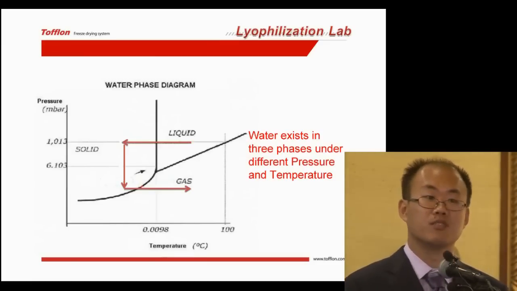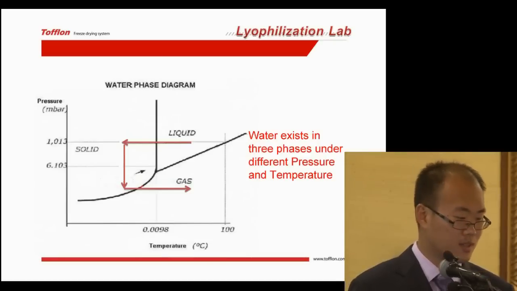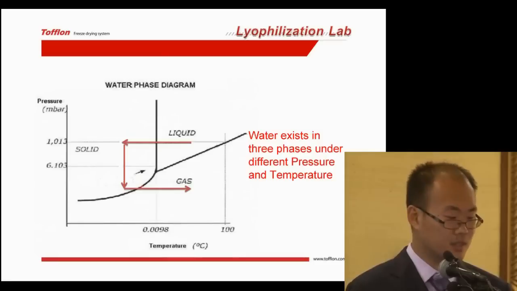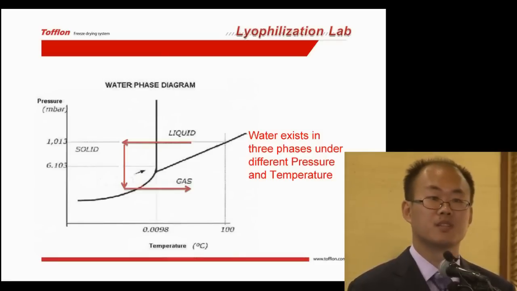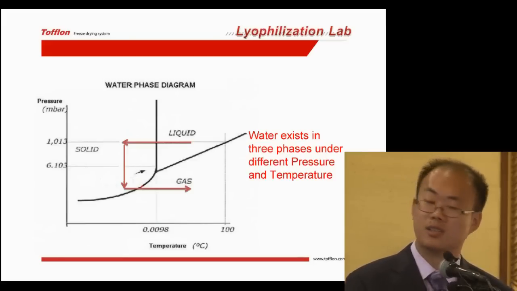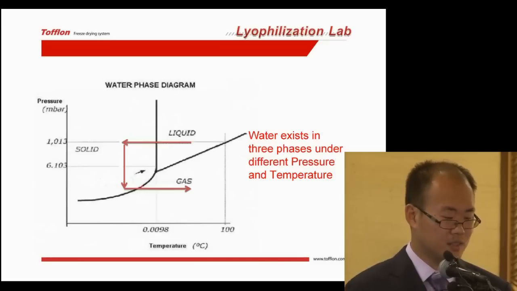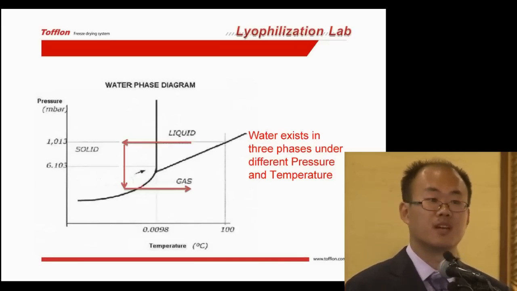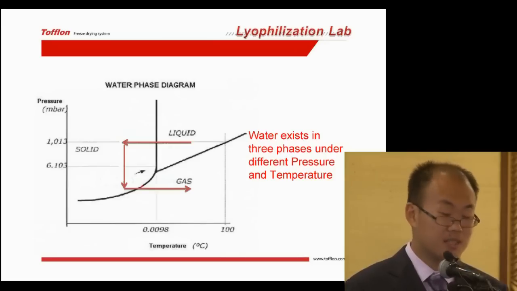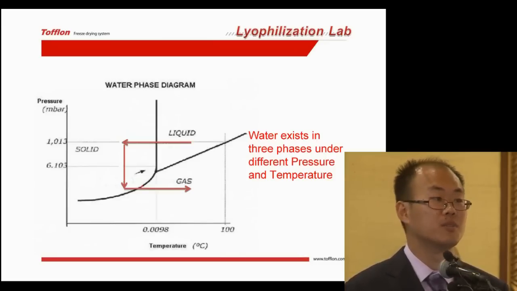Now we go into the first step, the freezing step. We maintain the pressure at the same value and decrease the temperature. As the red arrow shows, the liquid becomes solid, so the water becomes ice. And second, we maintain the temperature at the same low level and decrease the pressure, so we give it a vacuum environment.